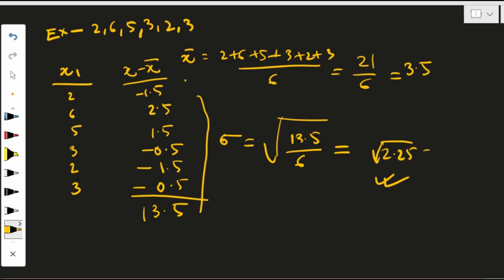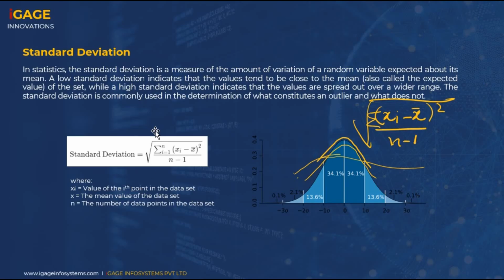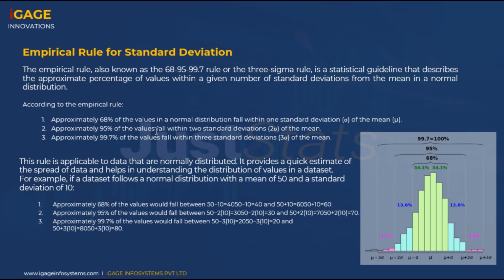Now there is one more thing I would like to let you know, the empirical rule for standard deviation. Basically the empirical rule says that when we have normally distributed data, then 68% of the values will fall within the first standard deviation from the mean value.